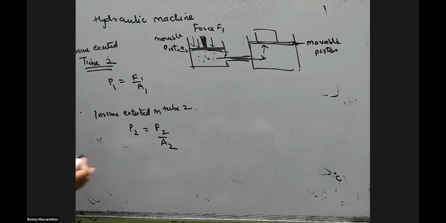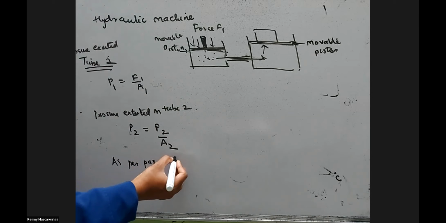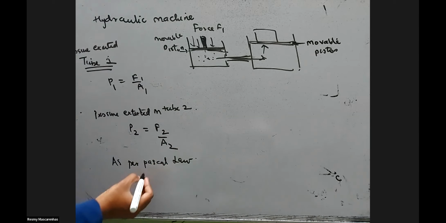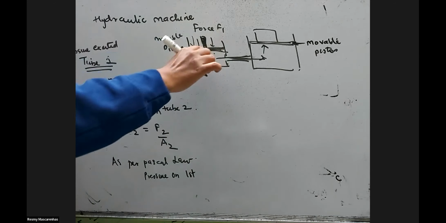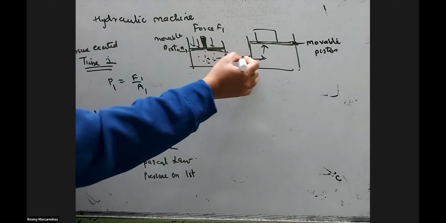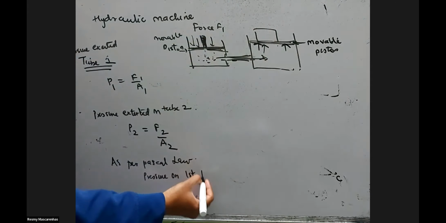Now, as per Pascal's law, whatever pressure is created on the first piston is going to travel, and equal pressure will be created on the second.